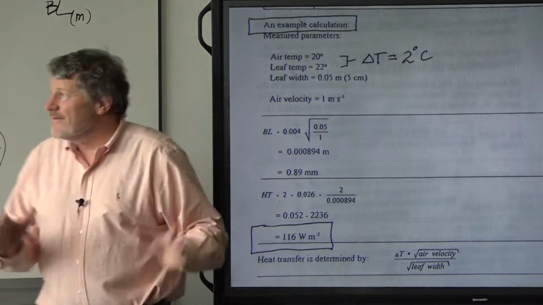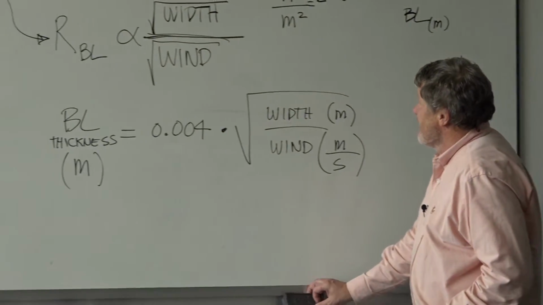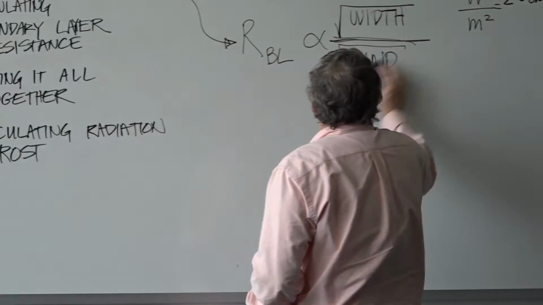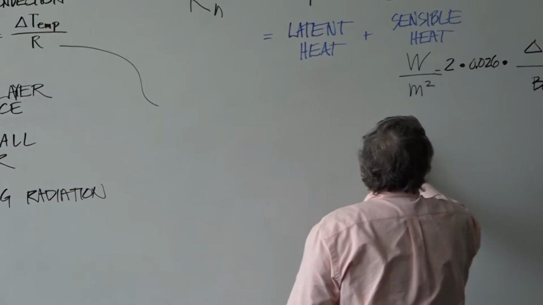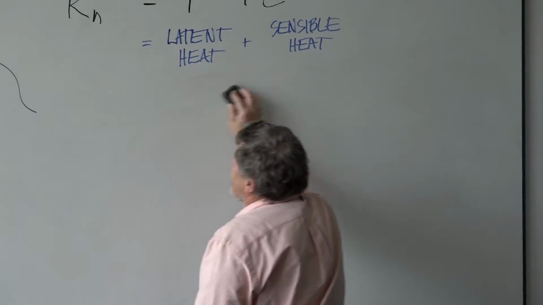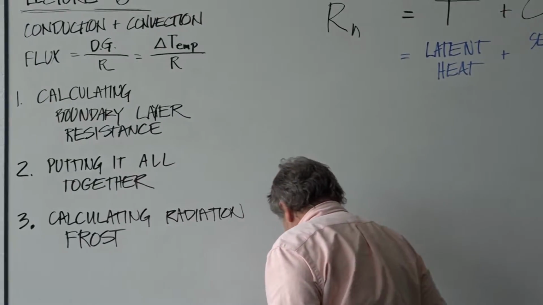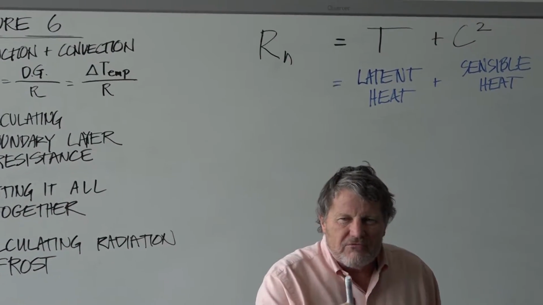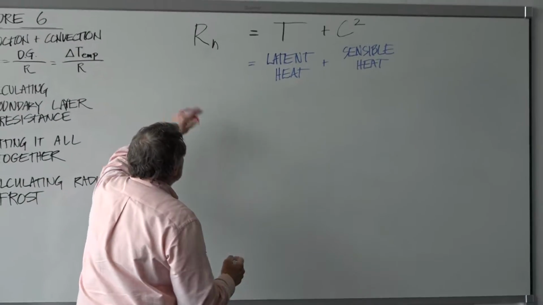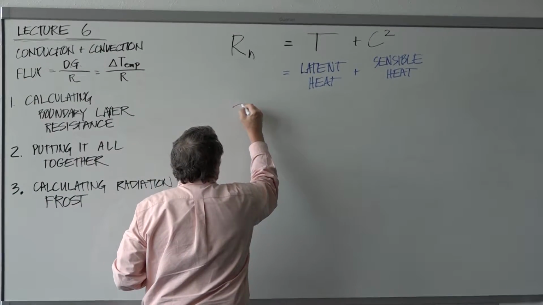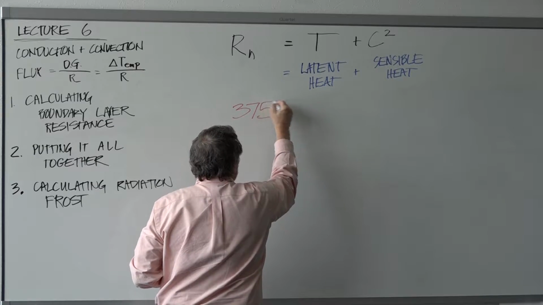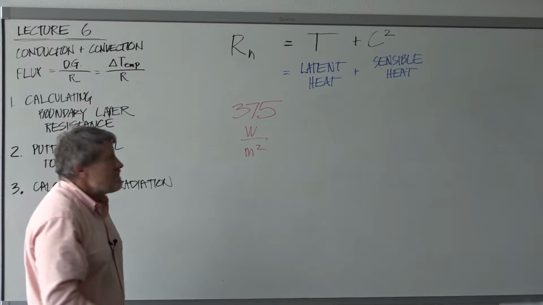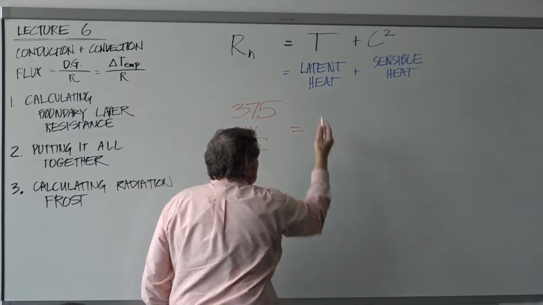So just to put this in perspective, I'm going to erase this. Let's try red. Remember from a few lectures ago, we put some typical numbers in here. And this was from the handout. This is 375 watts per meter squared. We don't know this.